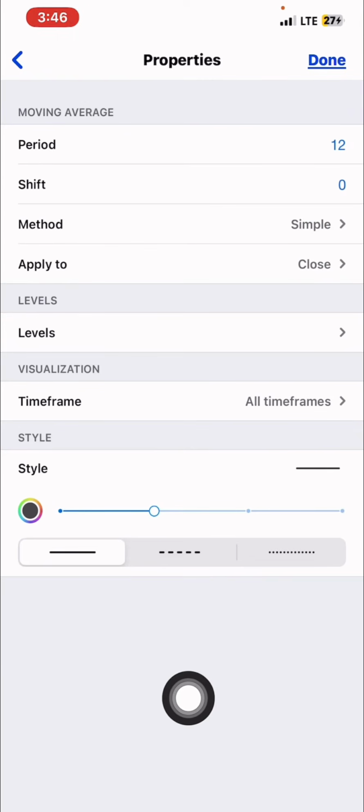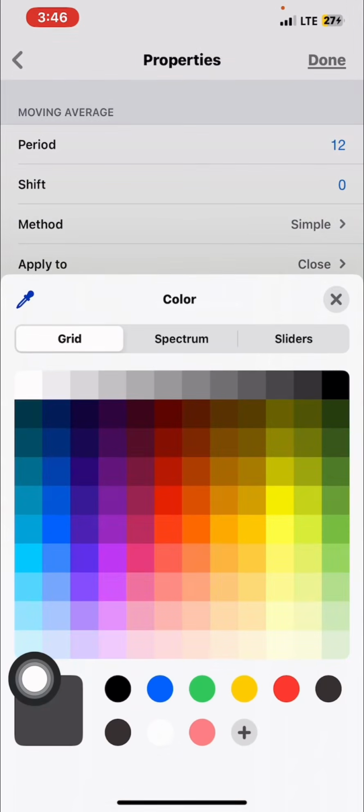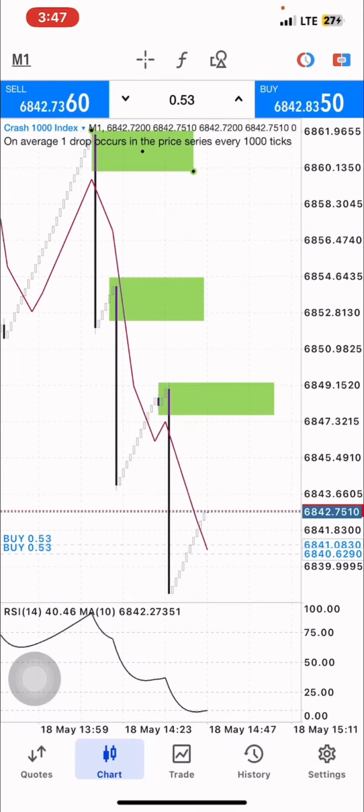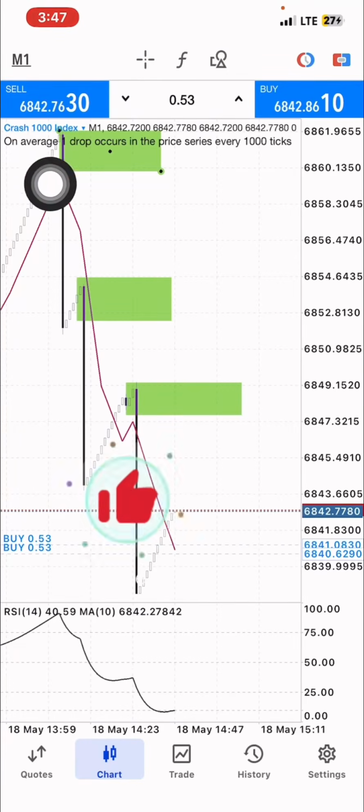Then use any color and any pixel of your choice, but I want to use something darker. Let me just use this. So now we have the moving average here.